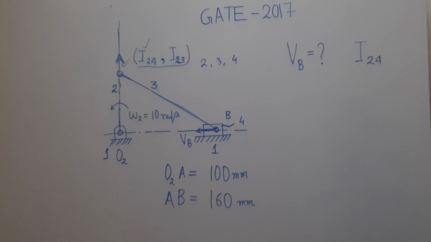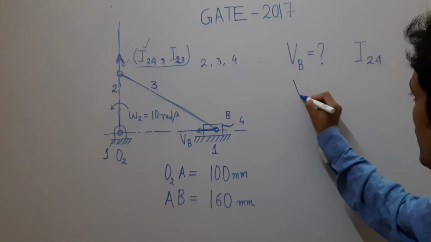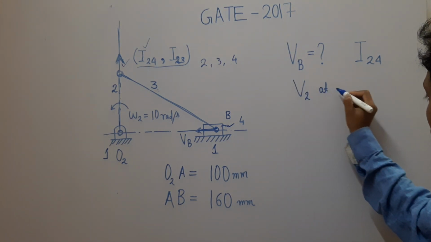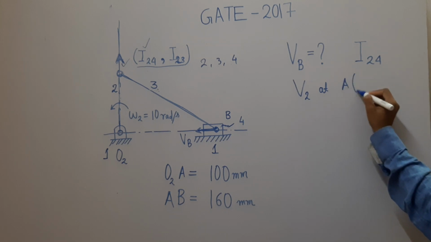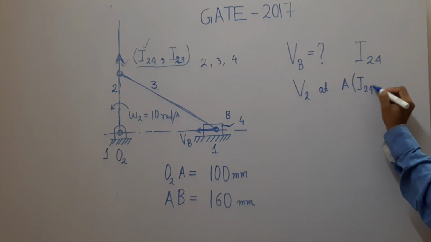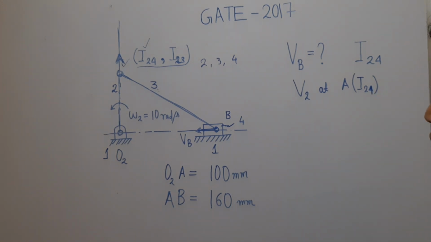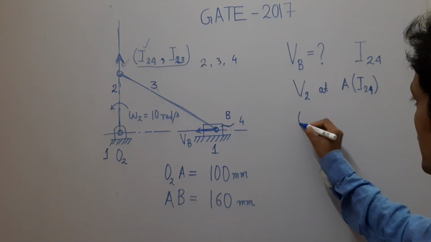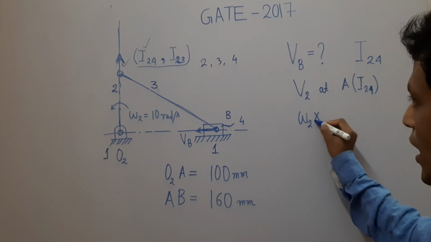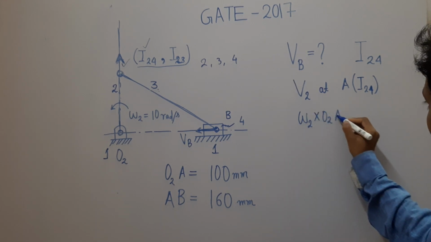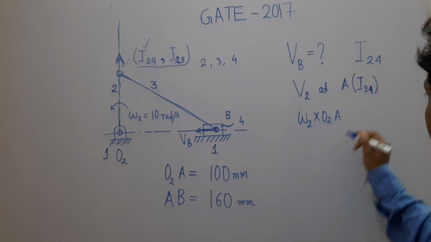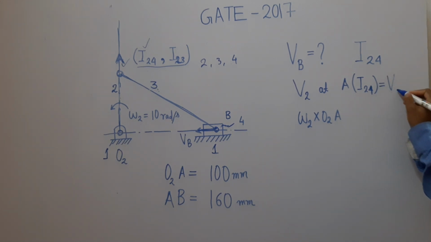So at point A, link 2, 3 and 4 have the same velocity. So what is the velocity of link 2 at A? So V2 at A, that is nothing but I24. So point A is the location of I24. So what is the velocity? That is omega 2 into O2A. And this is equal to what?